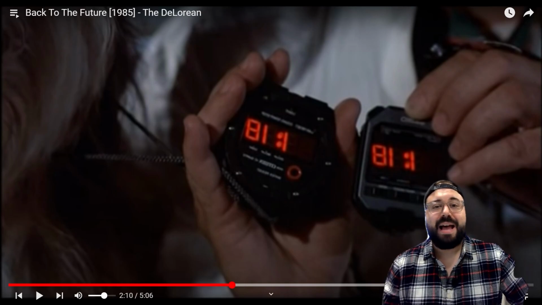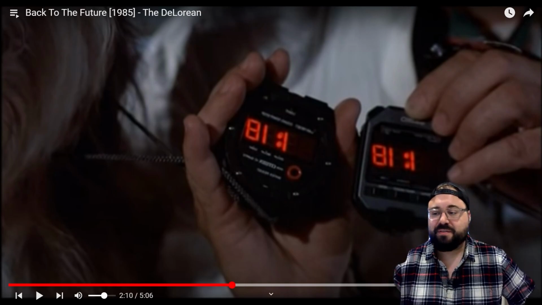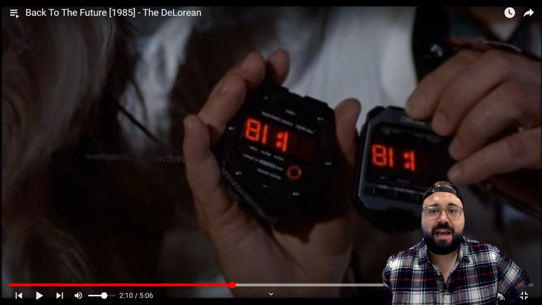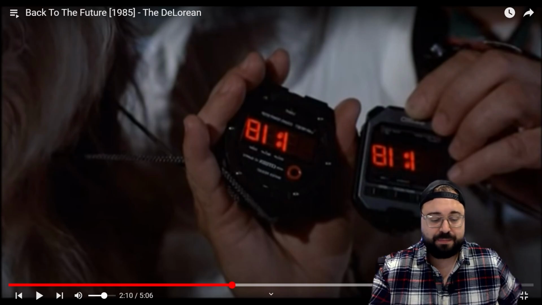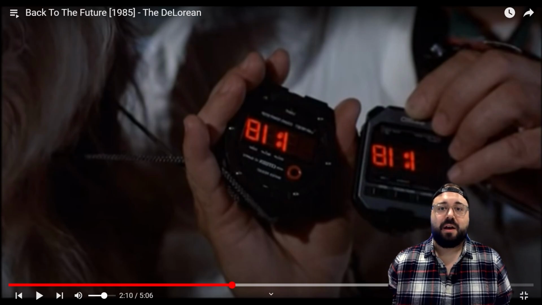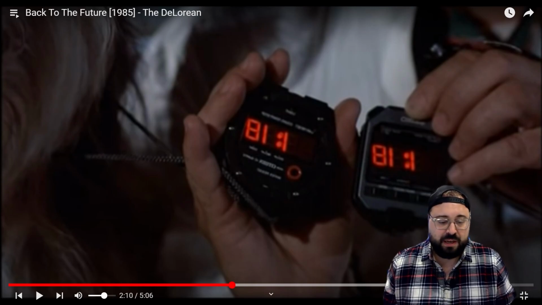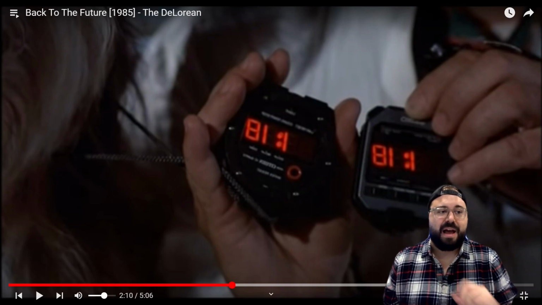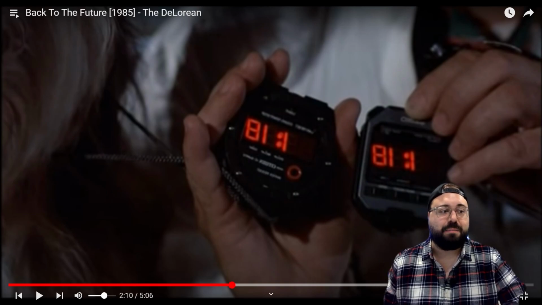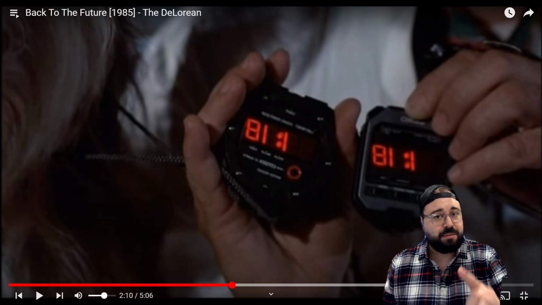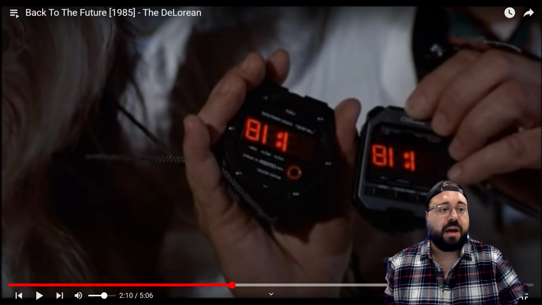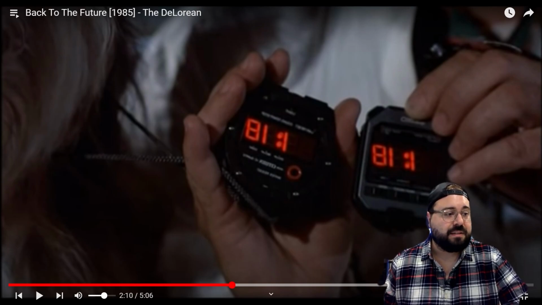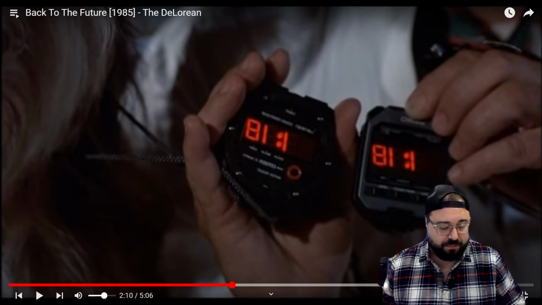That's right, it's backwards. The reason for that is, I believe, copyright stuff. I've been trying to find a good YouTube video of this for a long time. This is the only one that stayed up over a number of years, and I think it's because it's flipped backwards to avoid any copyright stuff. That's going to cause us some issues later on, which we're going to talk about. But let's roll the film, if you will.